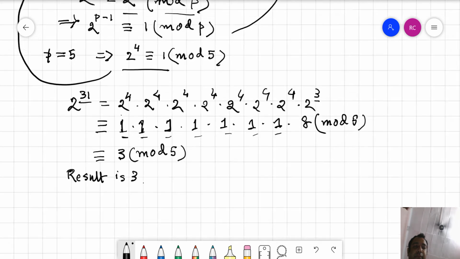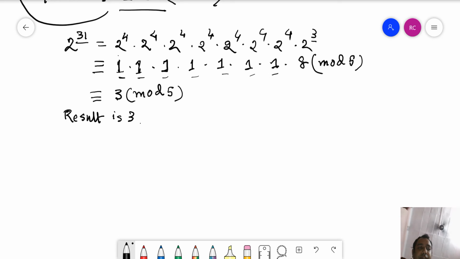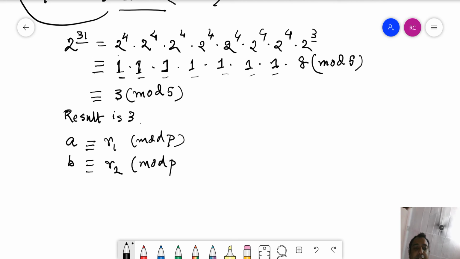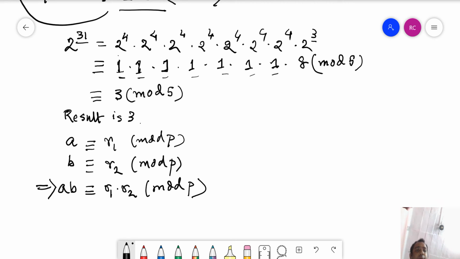The thing is, we have this theorem that if a number A leaves a remainder of R1 when divided by a prime, and B, say, leaves a remainder of R2 when divided by a prime, AB will leave a remainder of R1 times R2 when divided by a prime.